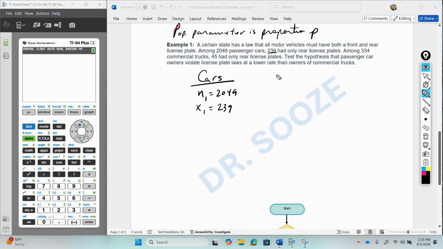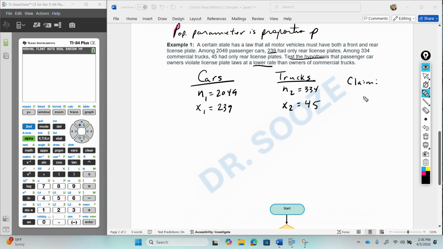And then with the commercial trucks, which is our second population, the sample size was 334, and the number of successes, i.e. the number that only had rear license plates, was 45. Test the claim that the passenger car owners violate the license plate laws at a lower rate than the owners of commercial trucks.